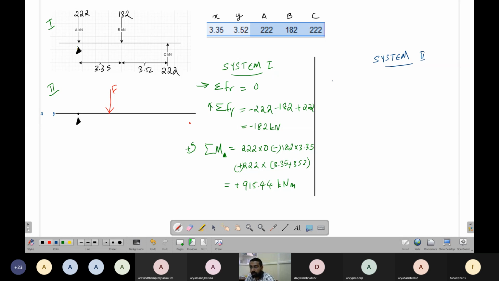System 2. Okay. Summation of forces in x direction is equal to 0, because there are no forces in x direction. We can also say there is some force in x direction. Let's assume a force Fx. So summation of force in x direction is Fx.